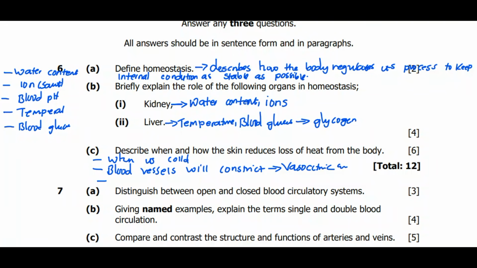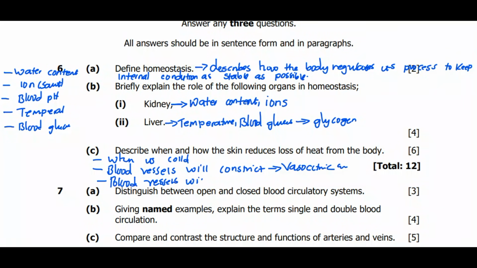Then the other thing that we can know about the skin in relation to heat loss is what happens to the blood. So look at the blood vessels.